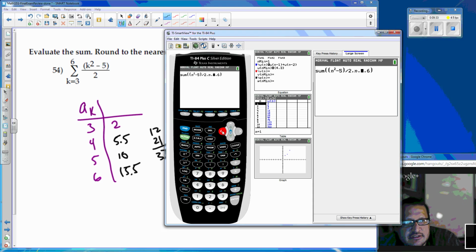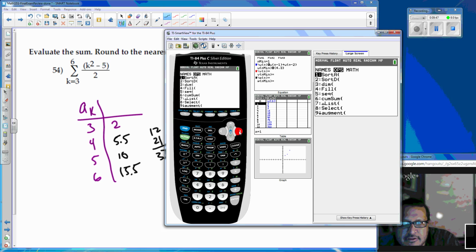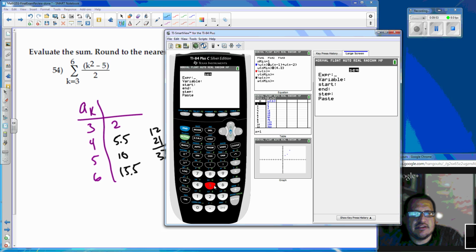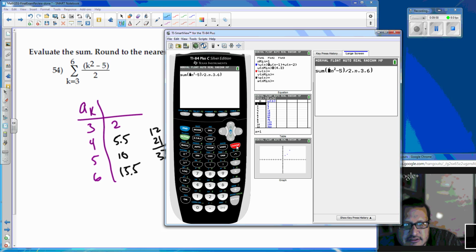So sum, it doesn't know, what you put in here is a list, and it doesn't know what this list is. So I gotta make this a list by making second list, ops, and then number 5 is the sequence. And let me just start this all over just so we can make better sense of this.